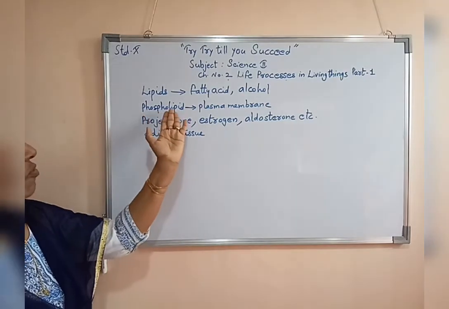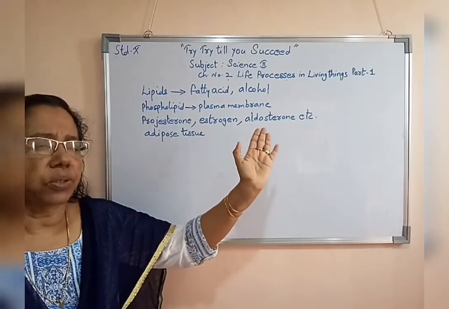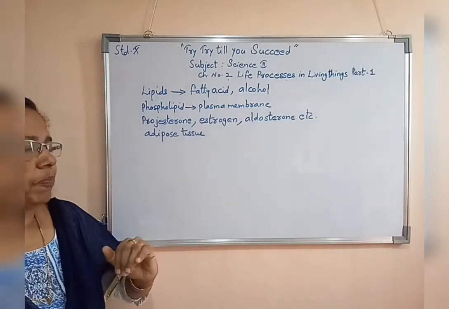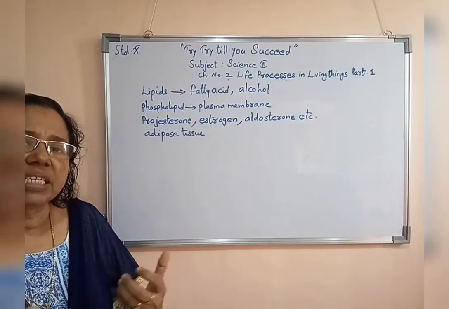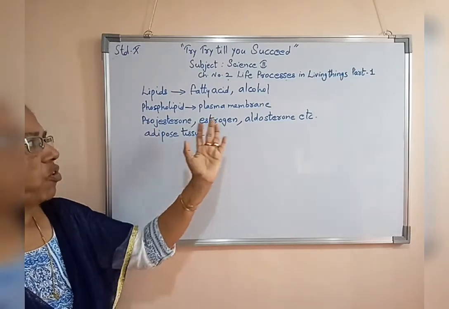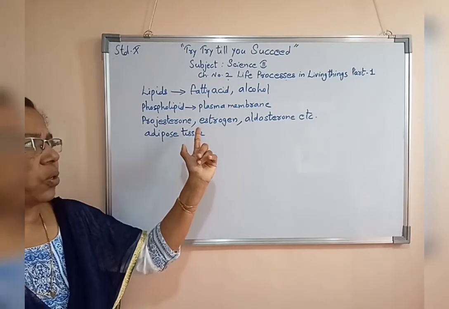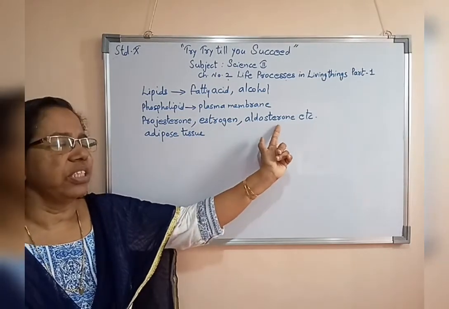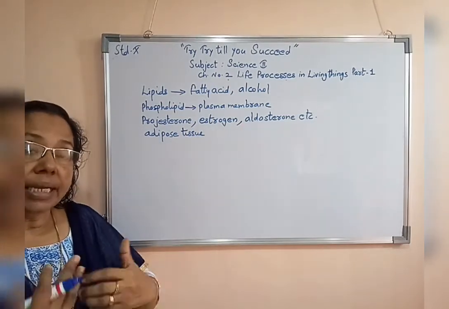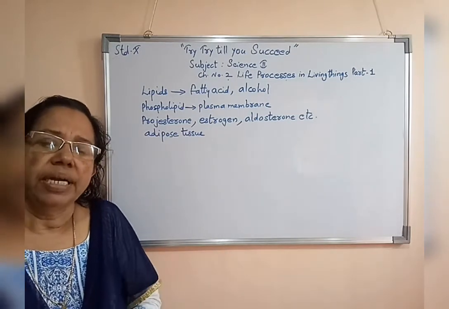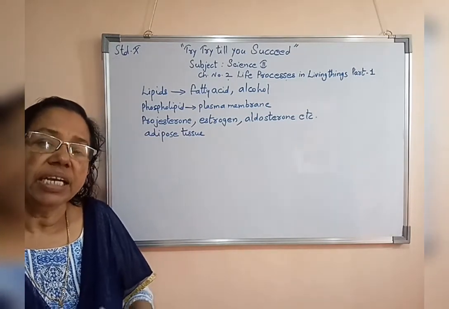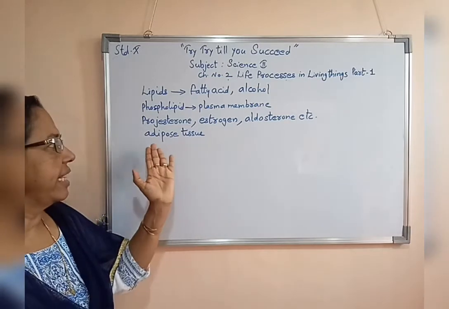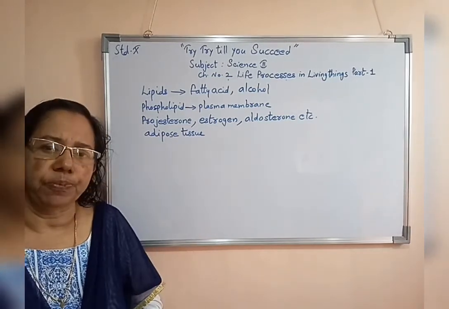For example, phospholipid is transformed to plasma membrane. Other fatty acids convert to different types of hormones like progesterone, estrogen, aldosterone, etc. In case of more deposit of lipids, they will be stored inside the adipose tissue.